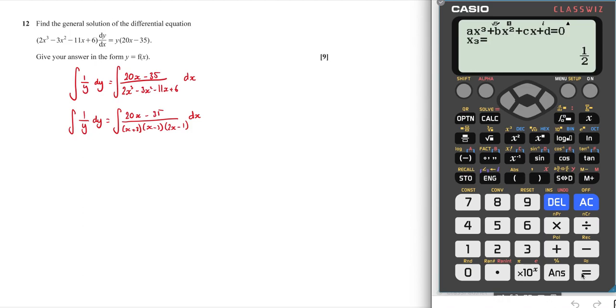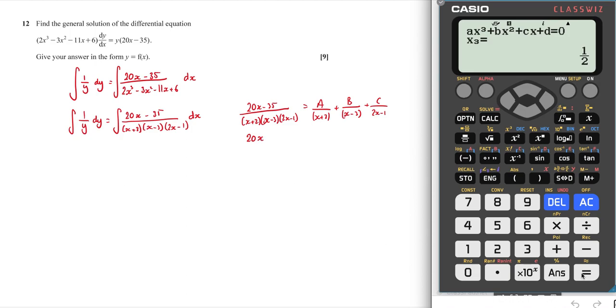So we can then start to look at the partial fractions bit, and we can say something along the lines of (20x minus 35) over (x plus 2)(x minus 3)(2x minus 1) is equal to a over (x plus 2) plus b over (x minus 3) plus c over (2x minus 1).